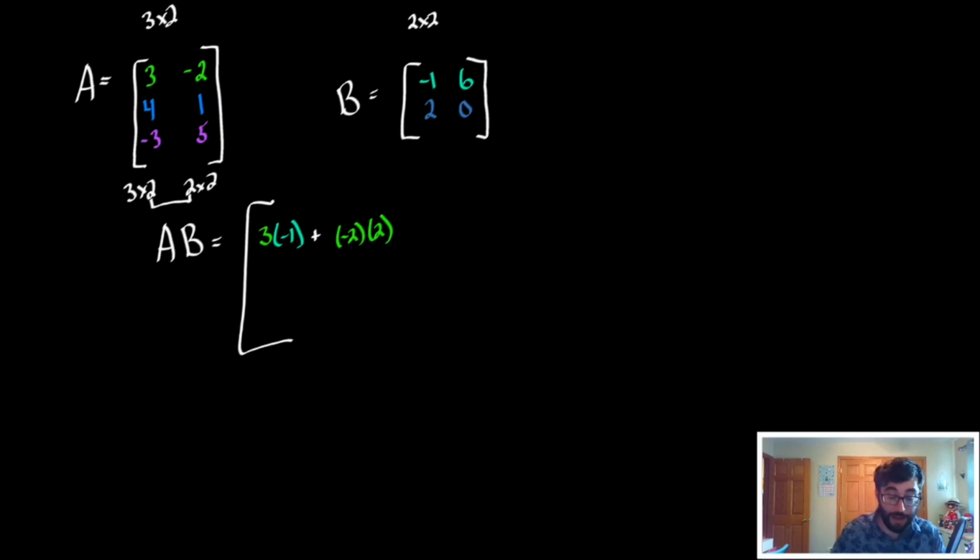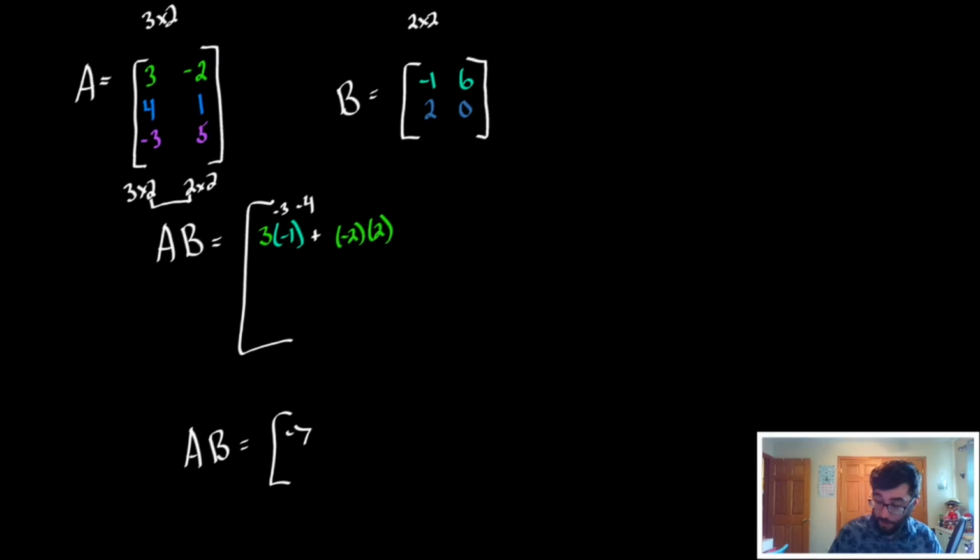Whatever this ends up spitting out is going to be the entry at position 1, 1, first row, first column. If I simplify this, it would be -3 minus 4, so the first entry is going to be -7. Super weird, I know, but just stay with me.